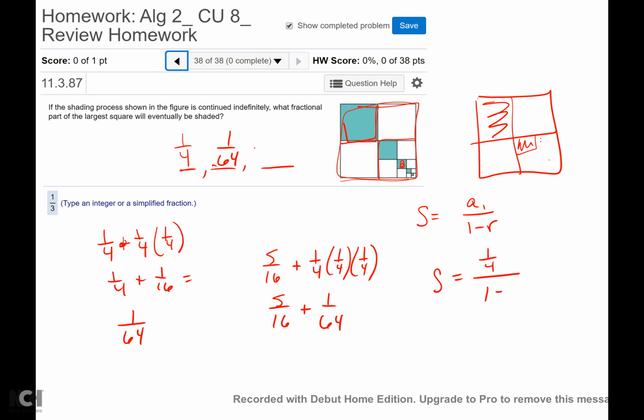So if I did 1/64 divided by 1/4, it's going up by 1/16. I'm just going to try this and see if it comes out right. So I've got 1 divided by 4 divided by parentheses 1 minus 1 divided by 16. I get 4/15.